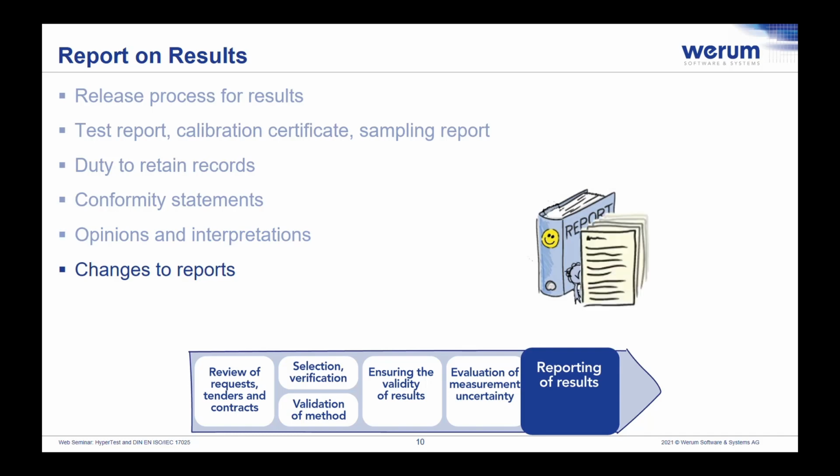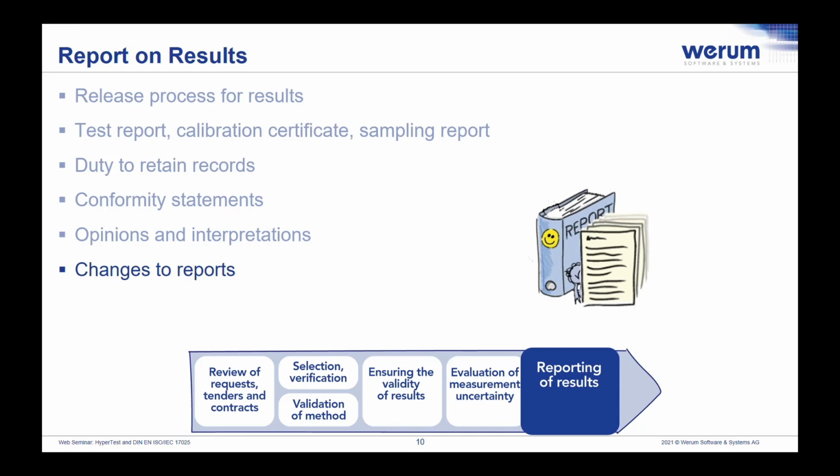Changes to reports are permissible only in the form of separate documents that are marked as amendment to report, serial number, or otherwise identified. If it is necessary to draw up an entirely new report, it must have a unique identification and a reference to the original report.